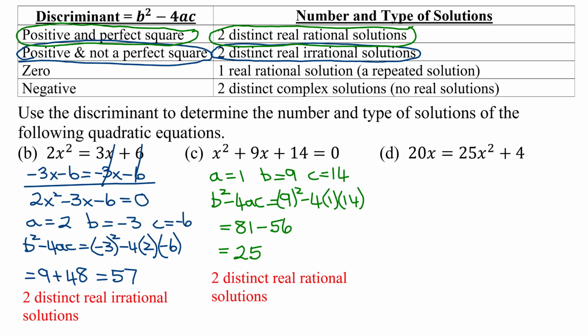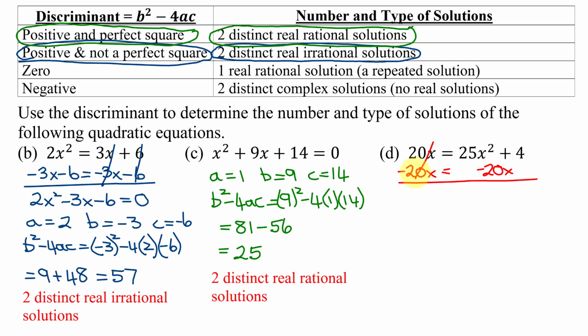And finally, looking at my last example of 20x equals 25x squared plus 4, it's not written in standard form. I need 0 on one side, so I'm going to subtract 20x from both sides.